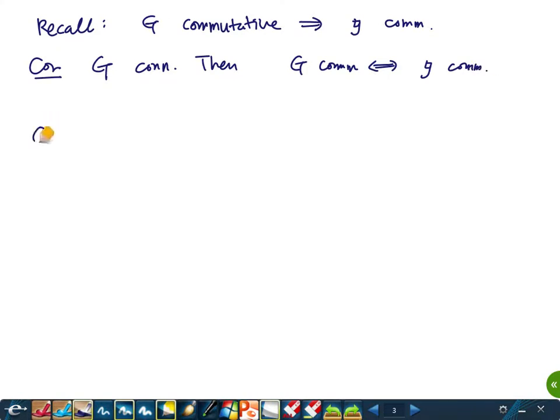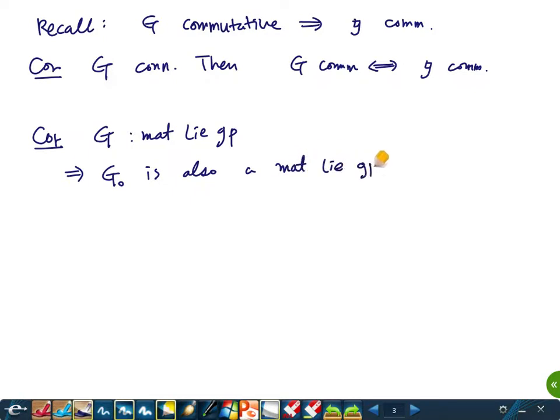And finally, if G is a matrix Lie group, then we know that G0 denotes the identity component, the connected component containing the identity. It turns out that this is also a matrix Lie group.